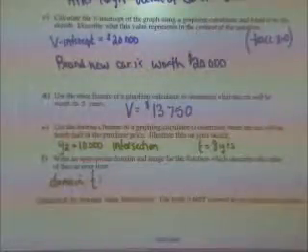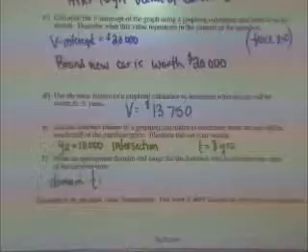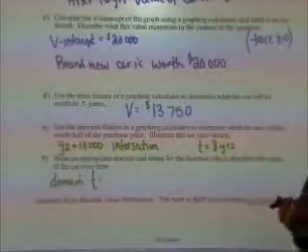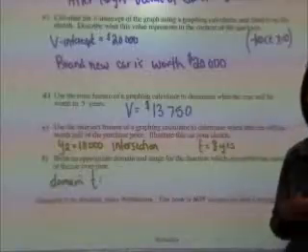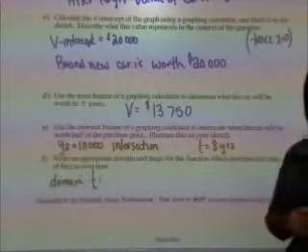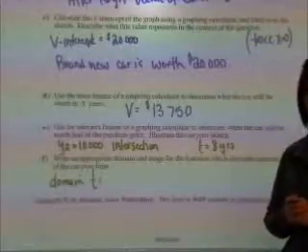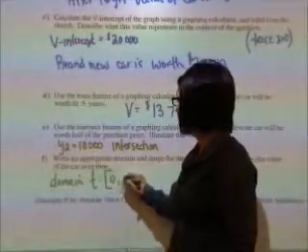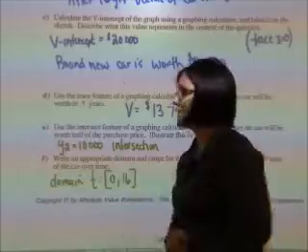Now, how can I write this? Can I write this as set notation, interval notation? So can it be anything between 0 to 16 years? Yeah, so I could use interval notation from 0 to 16.